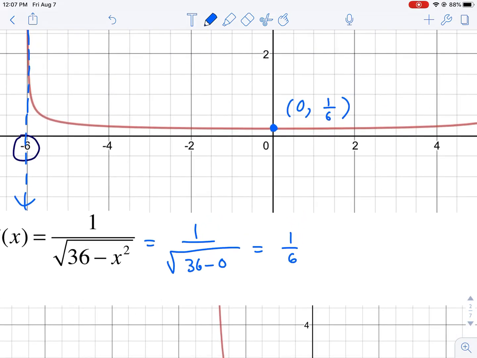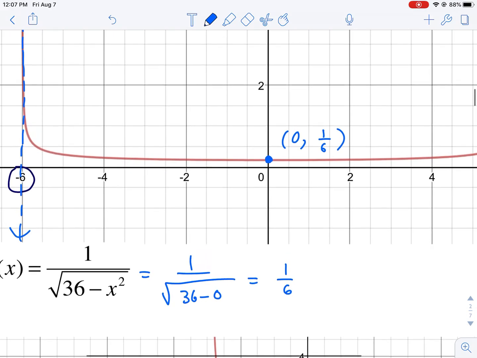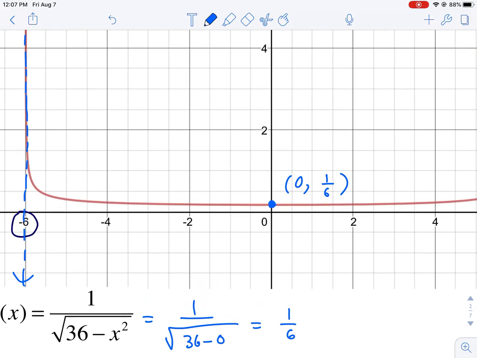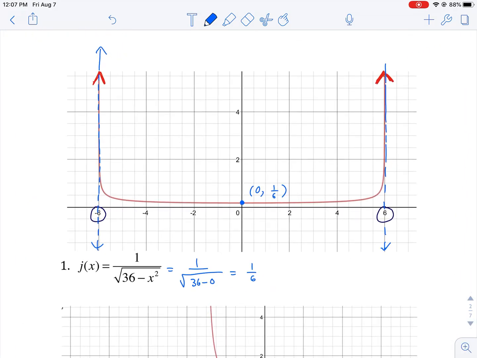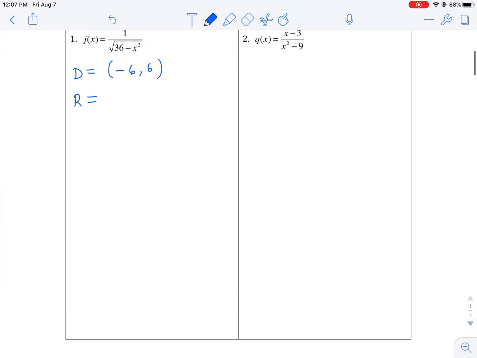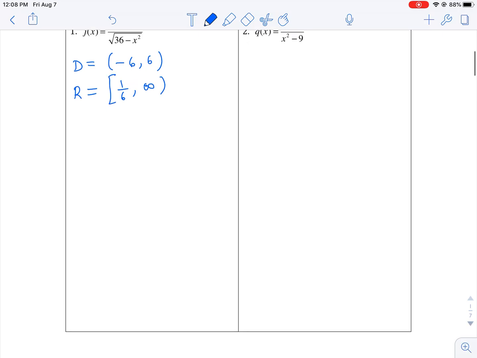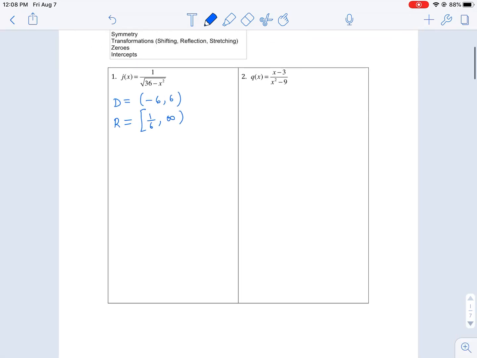And if you're on Desmos and you zoom in there, you'll see the y value is really close to 1/6, which is about 0.16 repeating as a decimal. So the y values get as low as 1/6, then they go all the way up. So we write infinity for the high point. And since we actually hit the ordered pair 0, 1/6, 1/6 is included. If you plug in 0 for x, you can get 1/6.